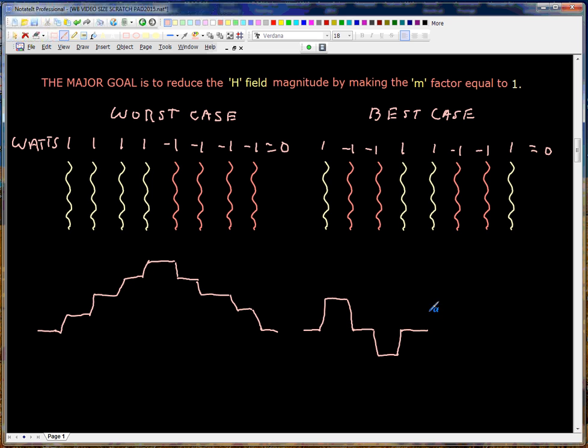Over. Up 1 unit. Over. Down 1 unit. Over. Down 1 unit. Over. Up 1 unit. And finally that horizontal line.